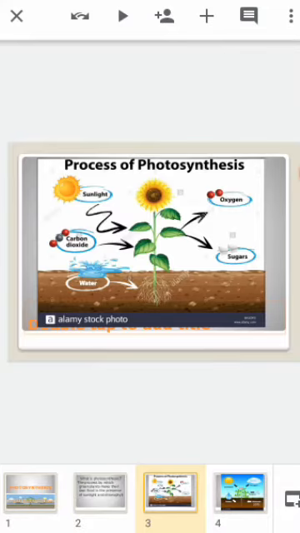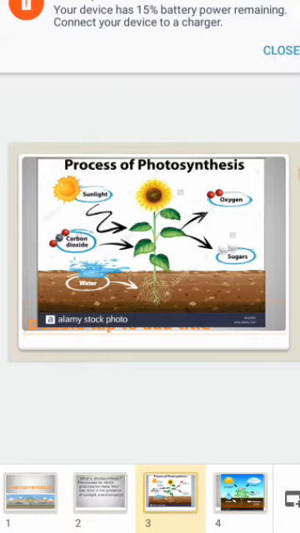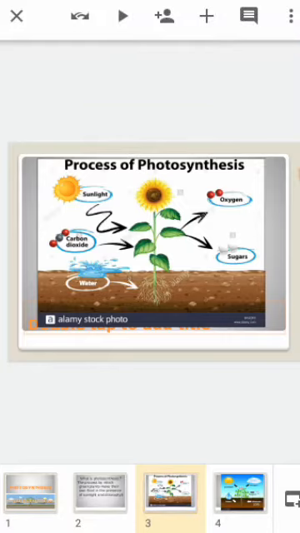This one is leaf, and leaf absorbs carbon dioxide from the atmosphere and sunlight. After absorbing water, carbon dioxide from the atmosphere and sunlight, the plant gives us sugars and oxygen to the atmosphere. Is it clear?